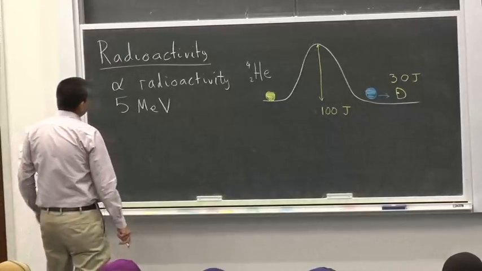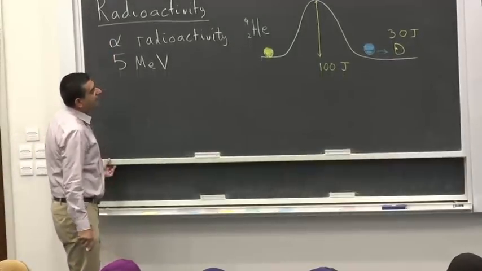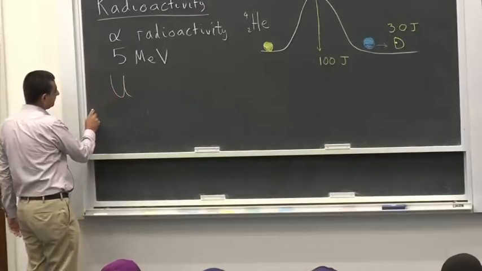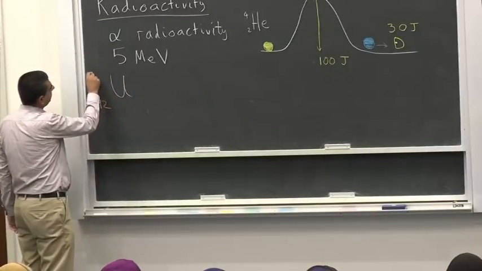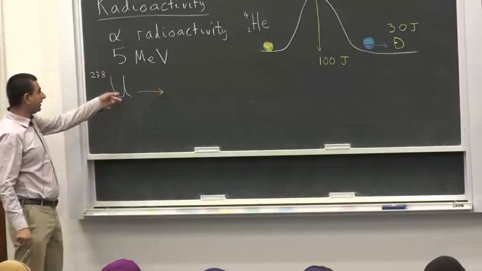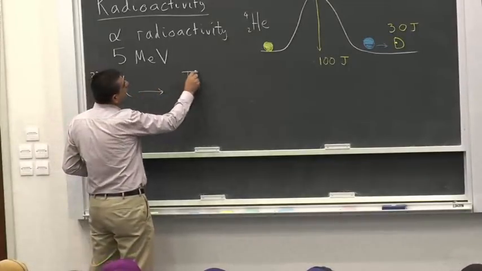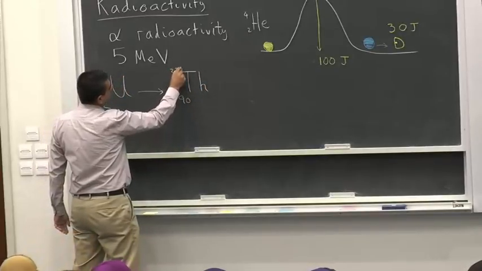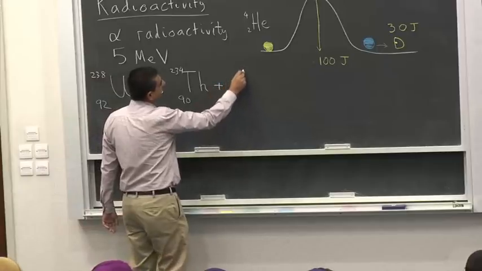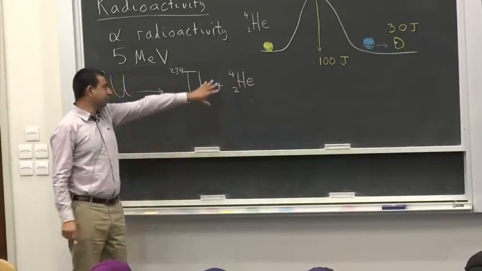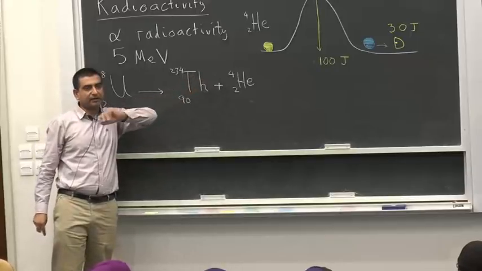For that purpose, let's consider a simple radioactivity model in which a uranium nucleus decays. So this parent nucleus goes into a daughter nucleus, which is thorium, and produces an alpha particle. This is the daughter nucleus and this is the particle.